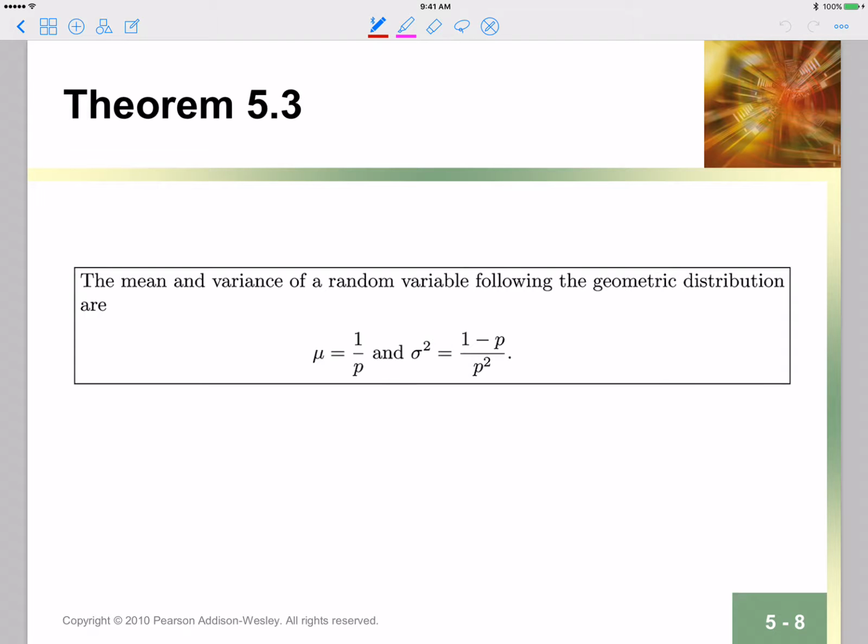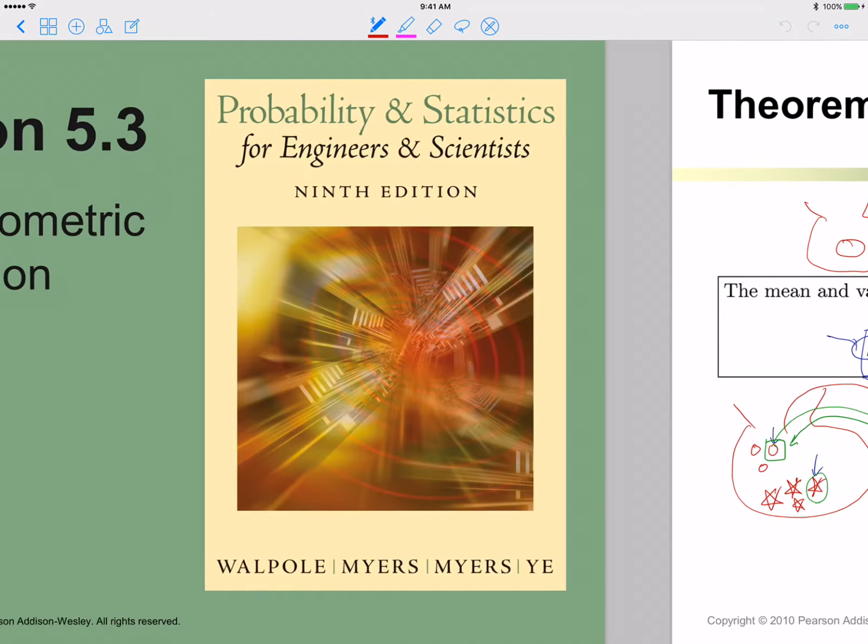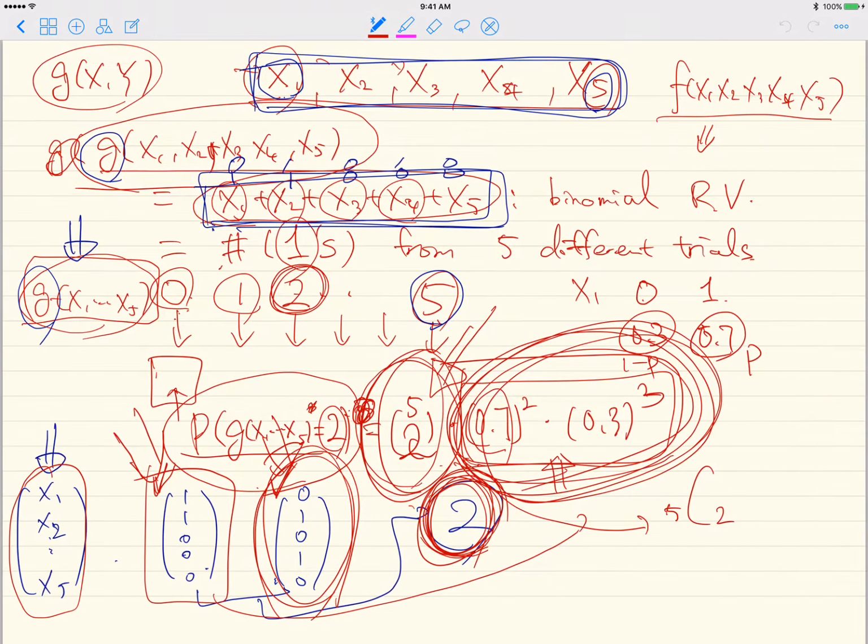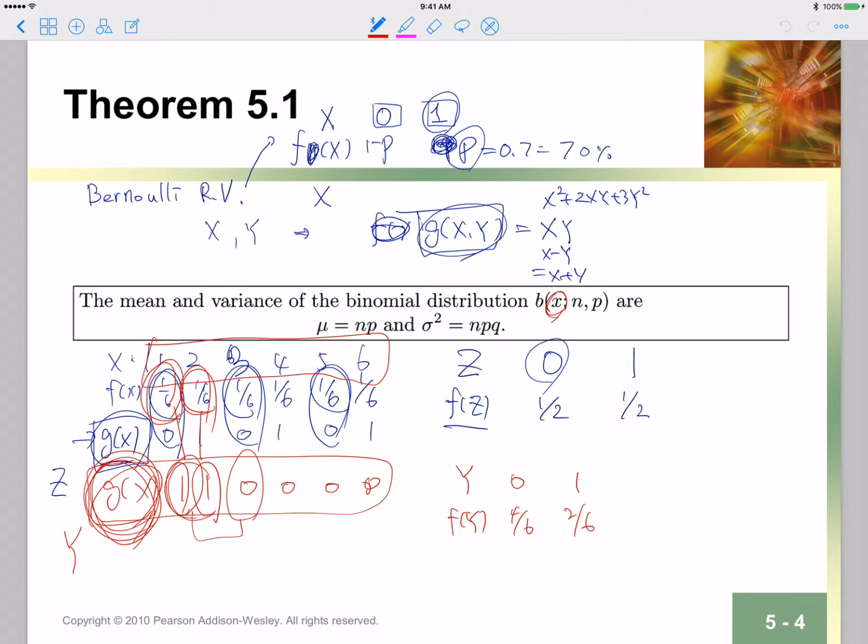So negative binomial means, so we know the binomial distribution, right? Here we represent it as B of x, and the necessary parameters are n comma p.